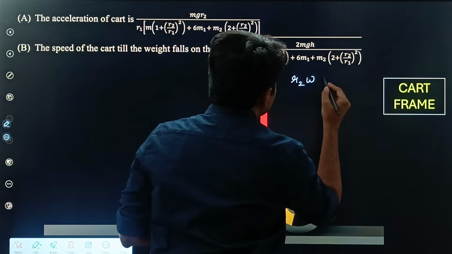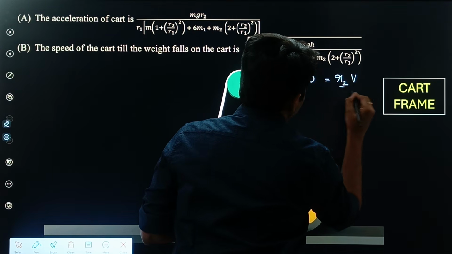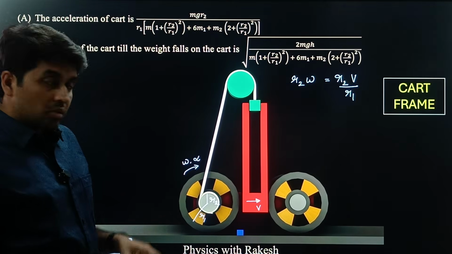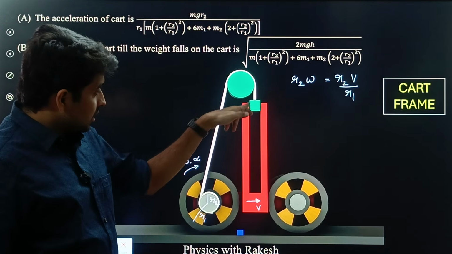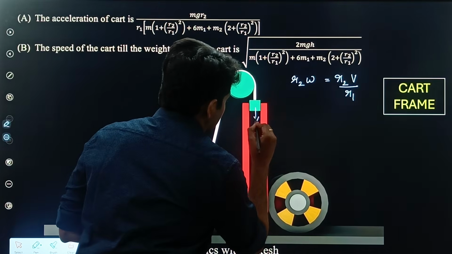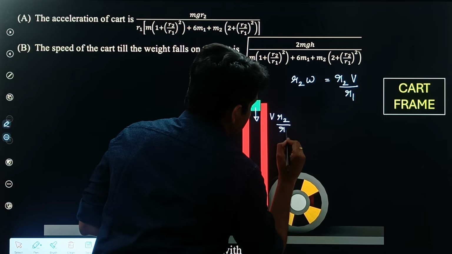I'm writing it here. So R2 into V by R1. Okay, so let us conclude. If the cart has speed V, this mass has speed in the downward direction as V into R2 by R1.